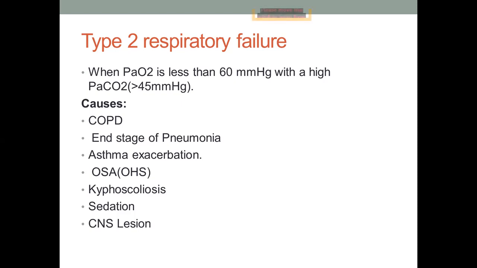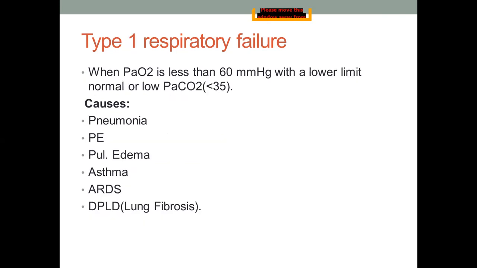It means that in type 2 respiratory failure, the PaO2 will be less than 60 and CO2 will be more than 45 millimeter of mercury. While in type 1, PaO2 will be low, and PaCO2 will also be low.